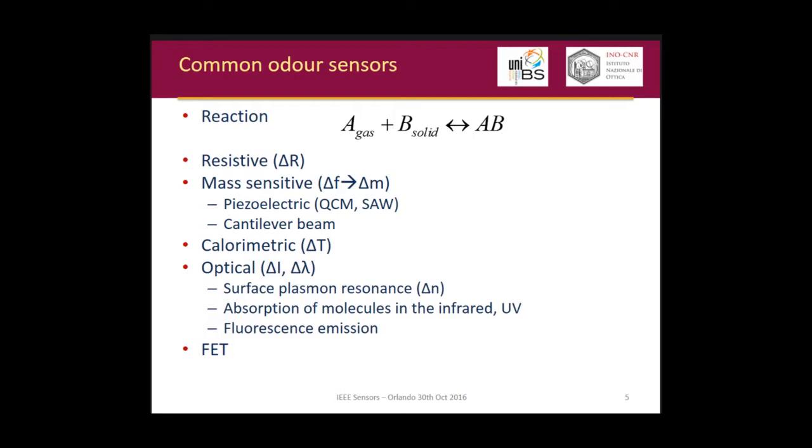I think that this slide summarizes the types of gas sensors you can use. Basically, we have different transduction mechanisms, and among these, we are dealing mainly with resistive, where the gas interaction with the material produces a variation of the resistance of the samples, and optical.